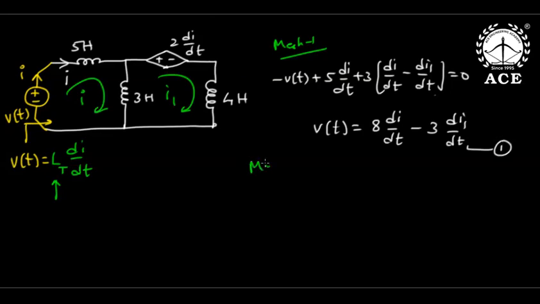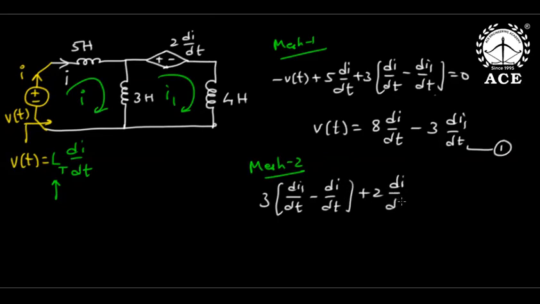If I go to mesh 2, everybody watch this. This is 3 into di1 by dt minus di by dt plus 2 di by dt plus 4 di1 by dt equal to 0.